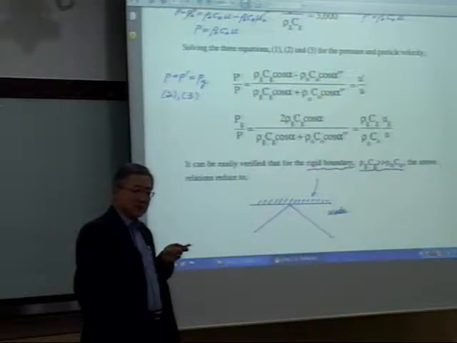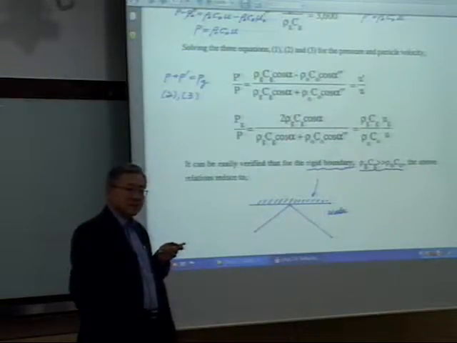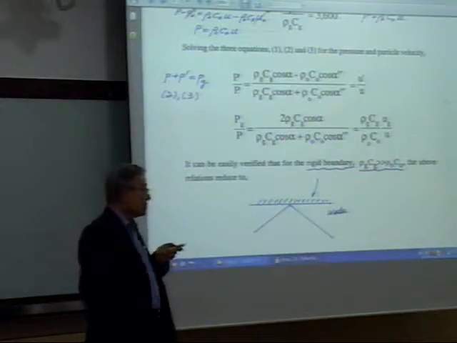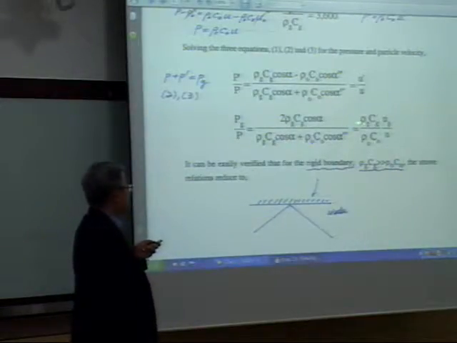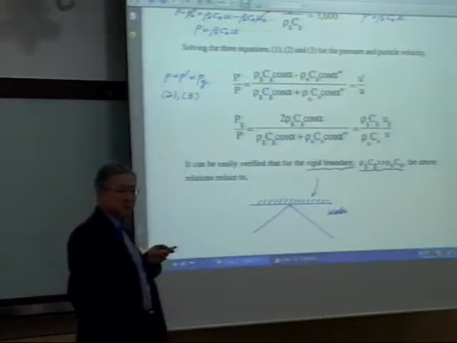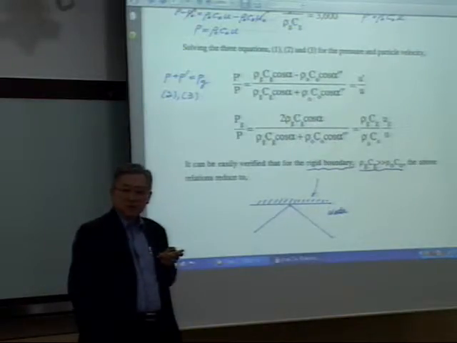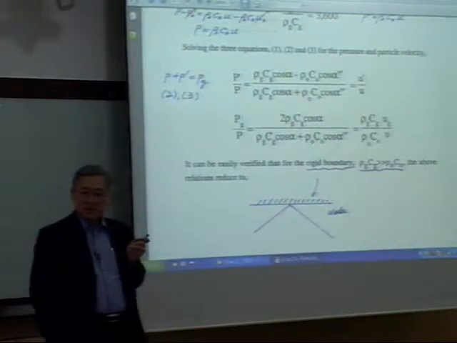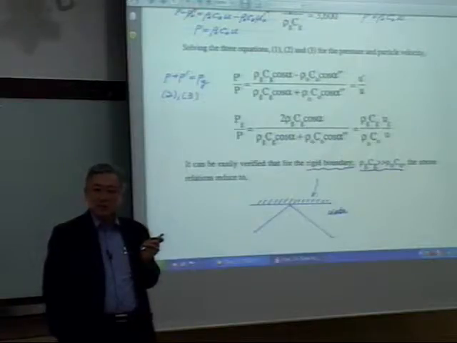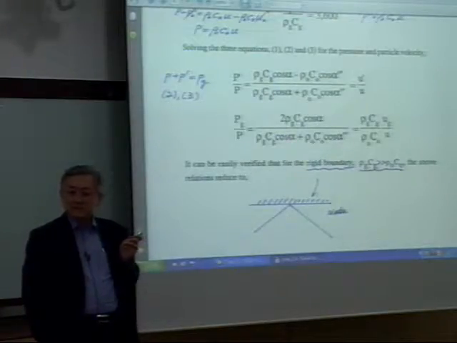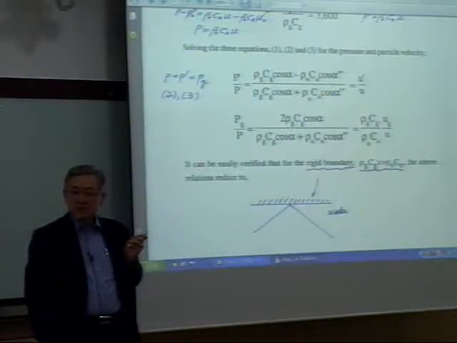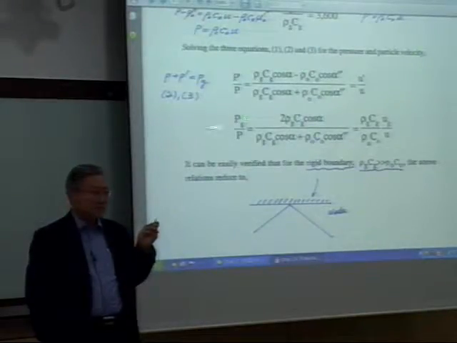Fluid particle velocity behind the transmitted wave. Vice versa. Rho G, CG is the characteristic impedance of air in this case, right?